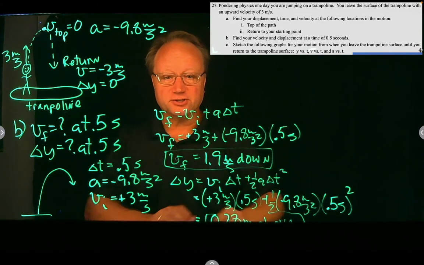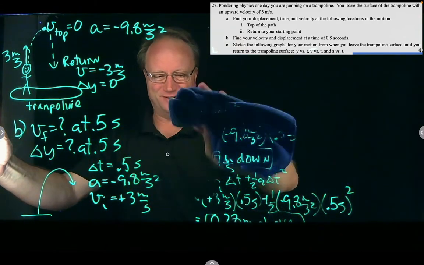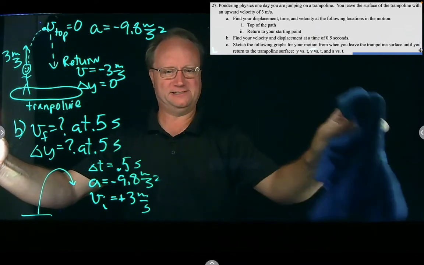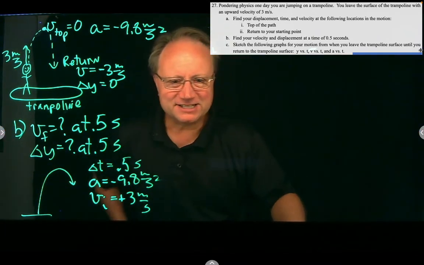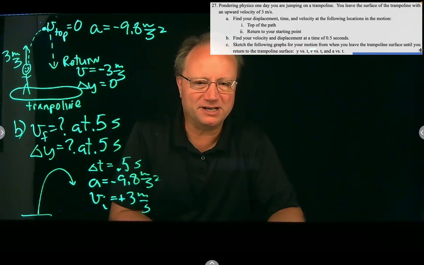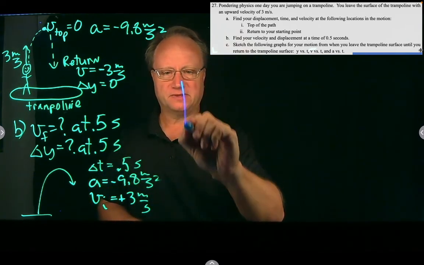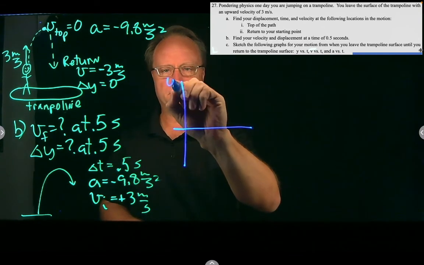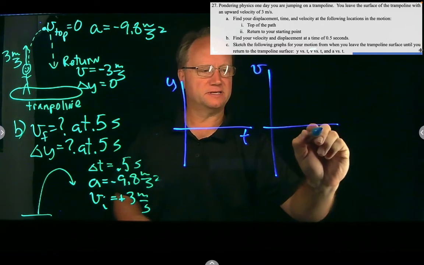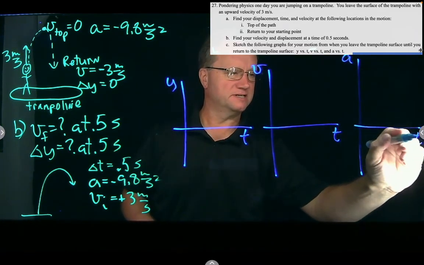Now you want to sketch the graphs, and I'm going to have to erase again. We'll knock out this part. Sketch the graphs of the motion from when you leave the trampoline until you return to the trampoline. So we want y versus t, v versus t, and a versus t.